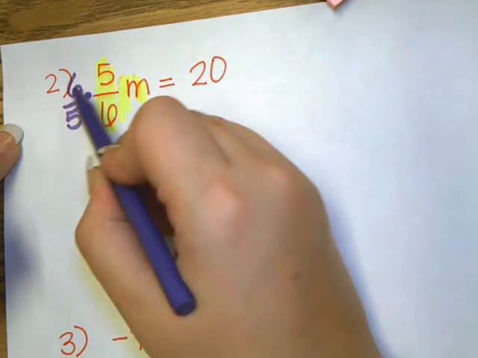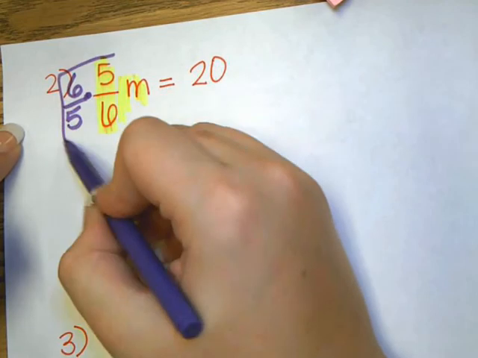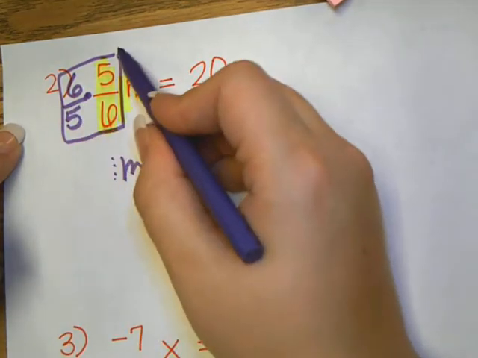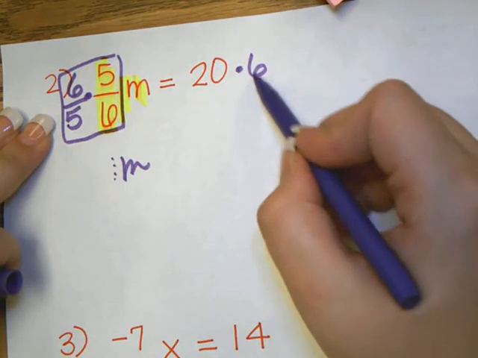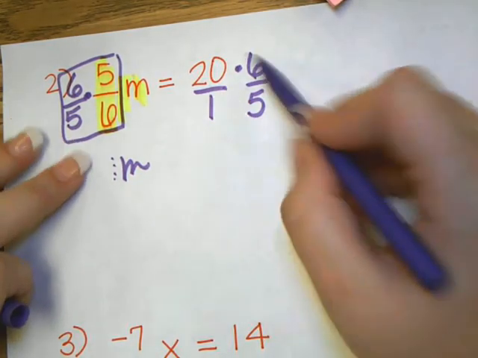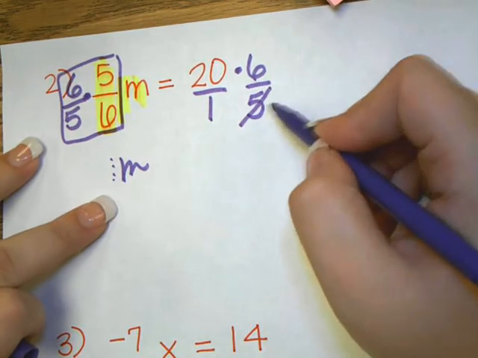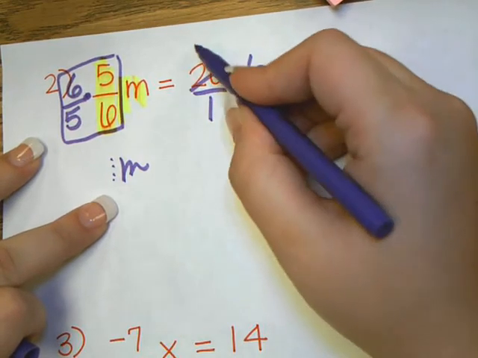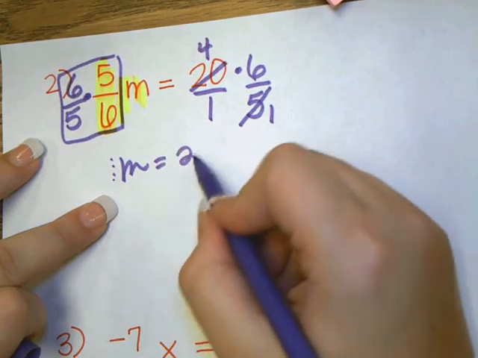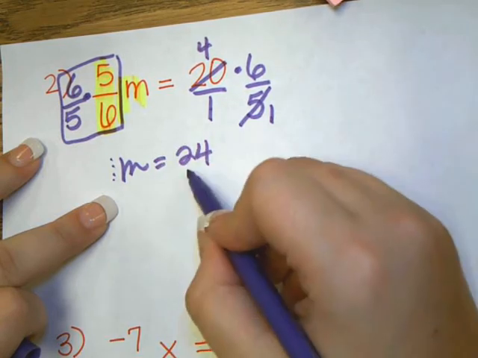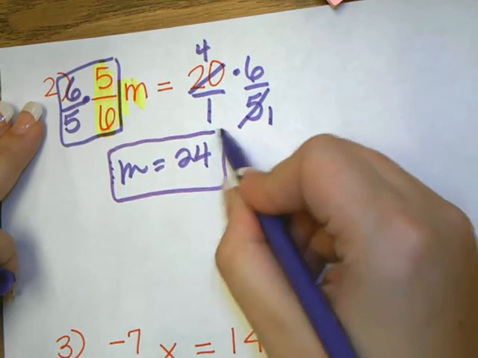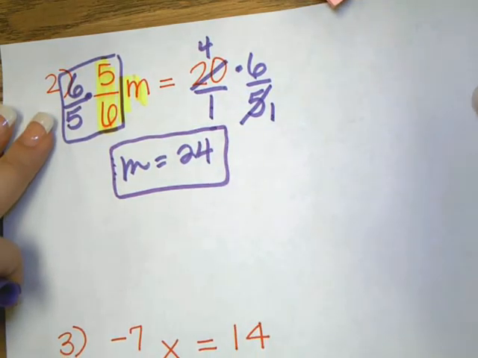Instead, we're going to multiply by the reciprocal, because then I get 30 over 30, which equals 1m. Whatever we do to this side, we have to come over here and do on this side. So it's a multiplication problem here. 5 goes into 5 once, 5 goes into 24 times, and then 4 times 6 is 24. 1 times 1 is 1, but we don't need to put a 1 in the denominator.